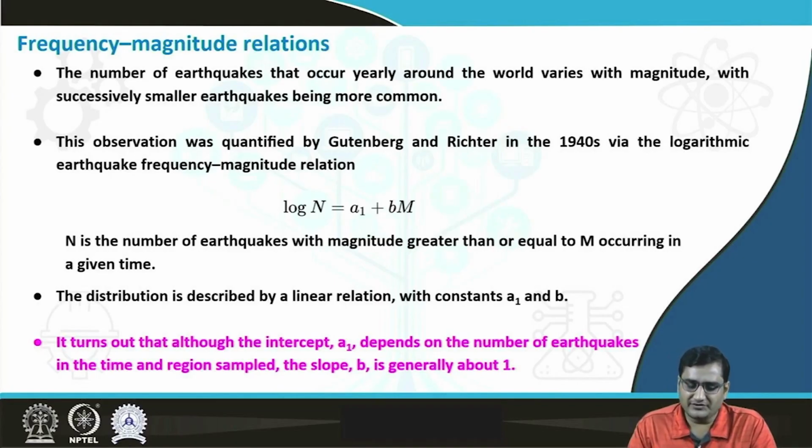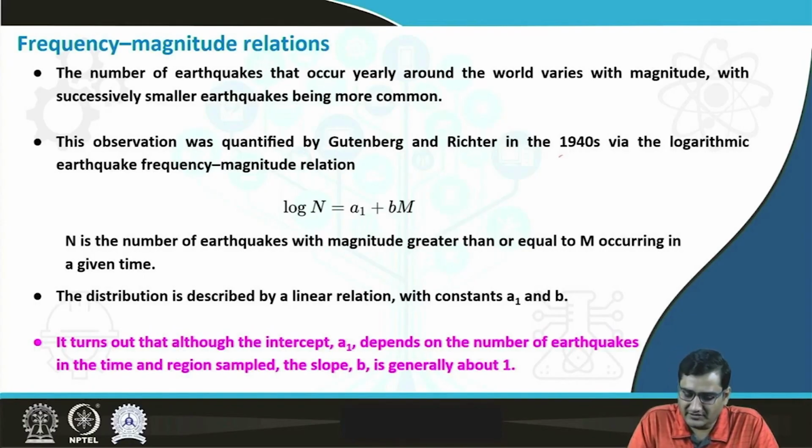This observation was quantified by Gutenberg and Richter in the 1940s via the logarithmic earthquake frequency magnitude relation, that is log N is equal to A1 plus B m, where N is the number of earthquakes with magnitude greater than or equal to m occurring in a given time.